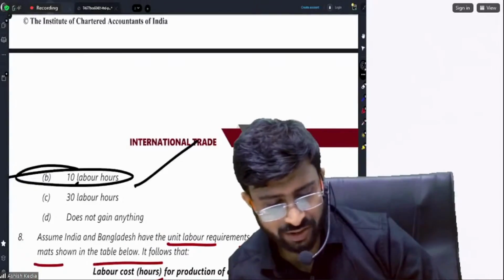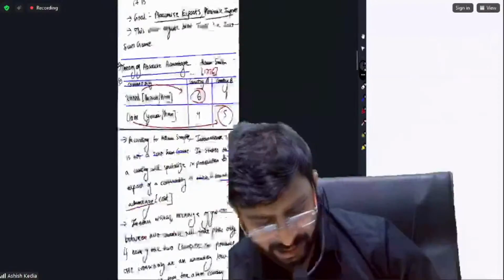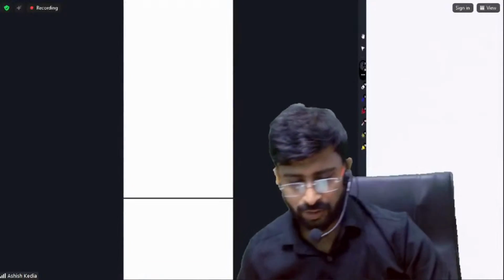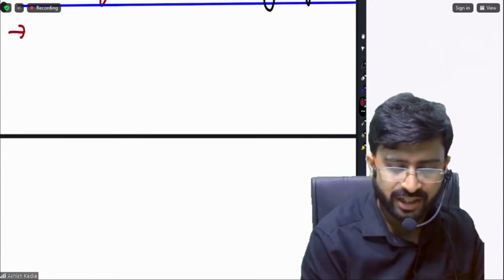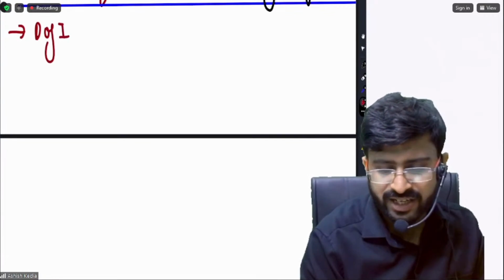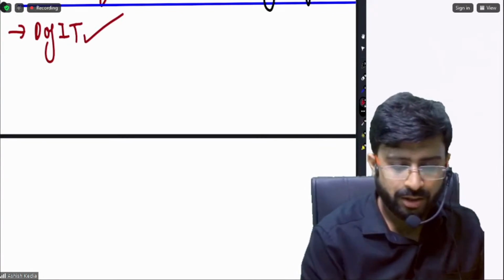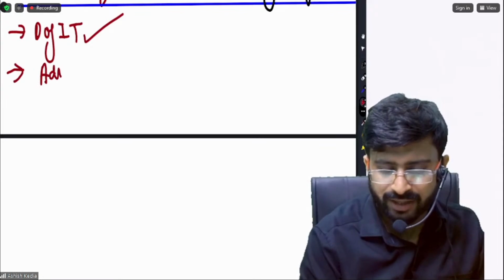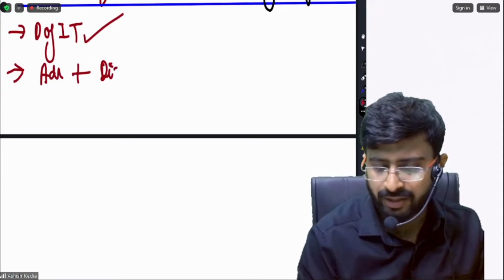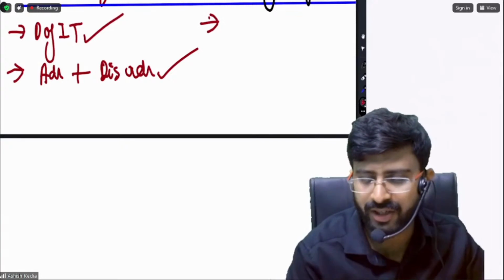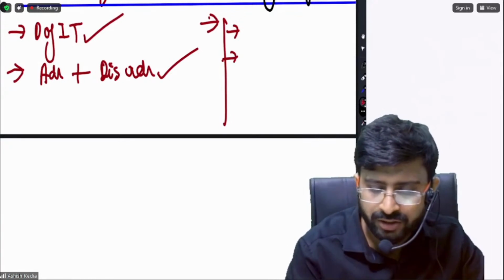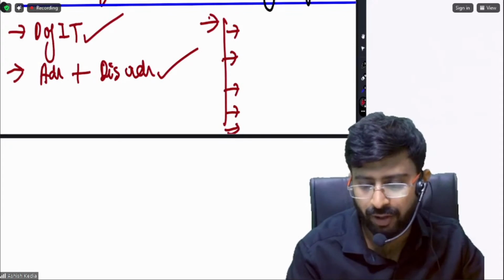So what we did in today's class was basically we followed a chronological order where we first studied the definition of international trade. Then we discussed some advantages plus some disadvantages of international trade. Then we spoke about 3 to 5 theories, actually five.